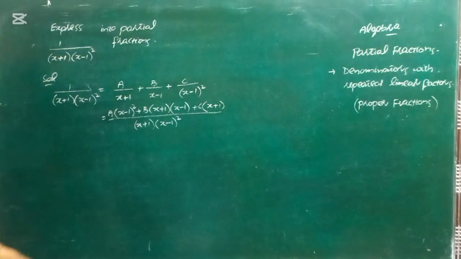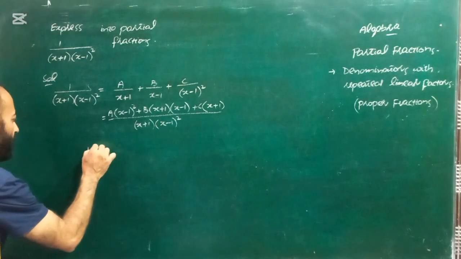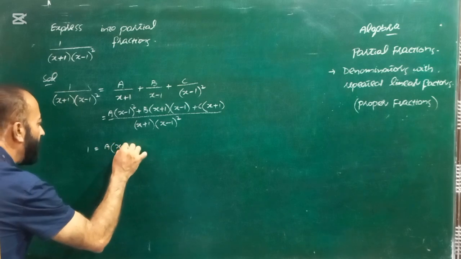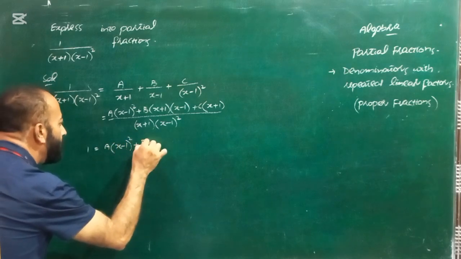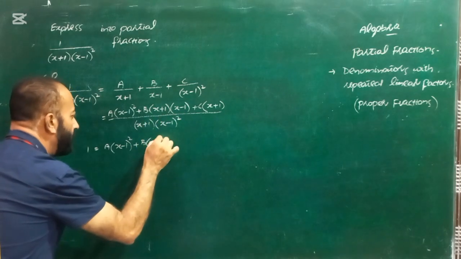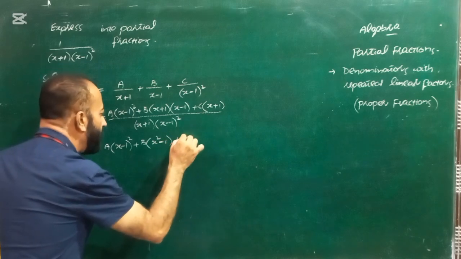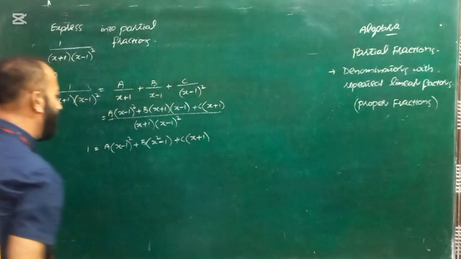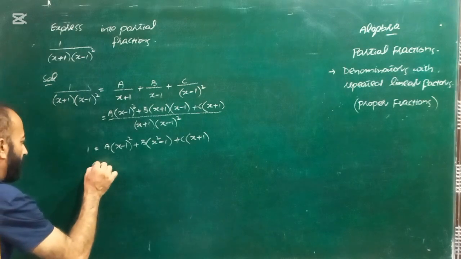At this step, the denominators of both sides will be cancelled. So 1 will be equal to a into x minus 1 whole square plus b into, this will become x square minus 1, and plus c into x plus 1 is still there. At this step you will compare.